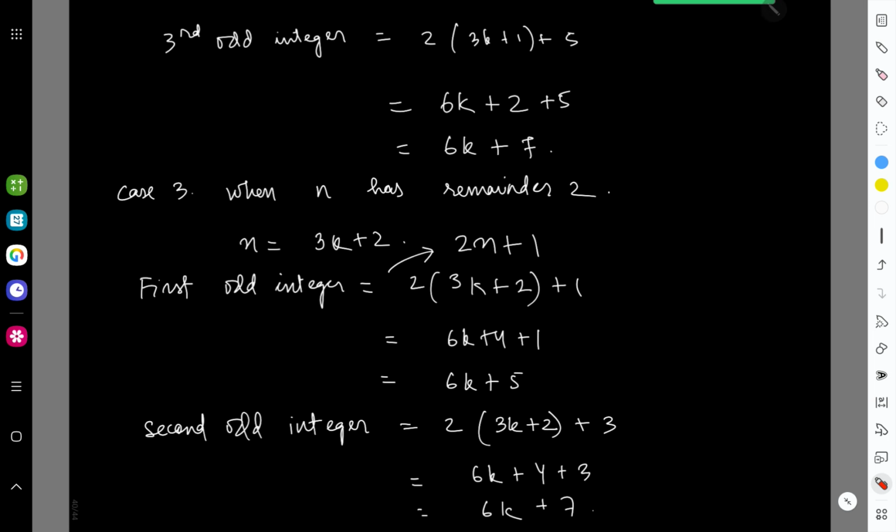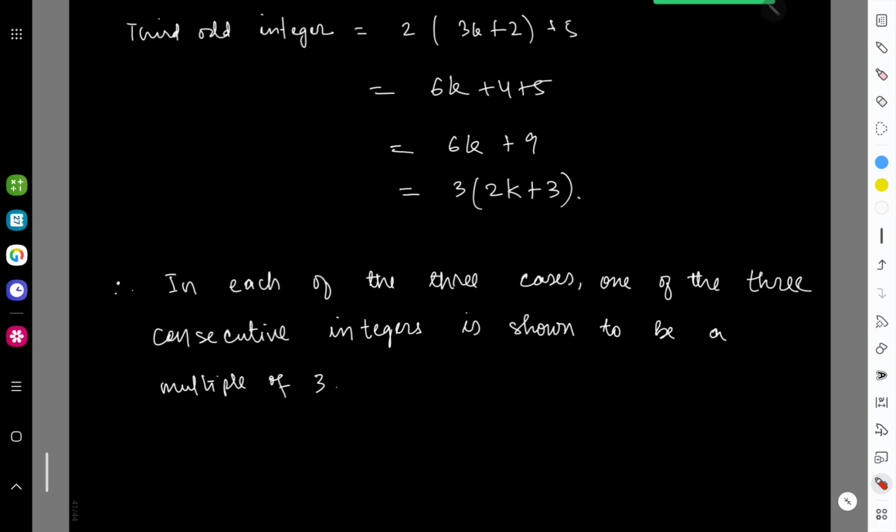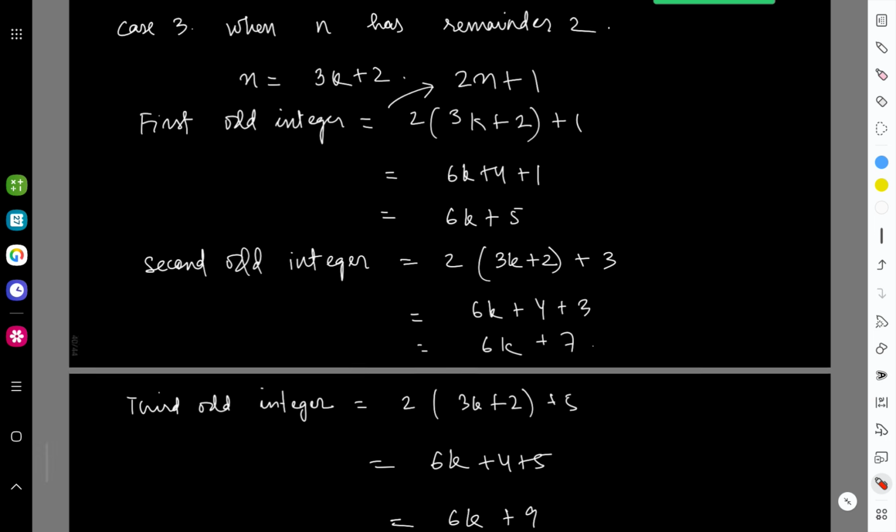Second odd integer, I substitute the value of n, 6k plus 7, not a multiple of 3. Third odd integer, 2n plus 5, 6k plus 9, I can take 3 as common. When I took 3 as common, it gives me 3 times 2k plus 3. Yes, this is in the form of 3, and that means this is a multiple of 3.